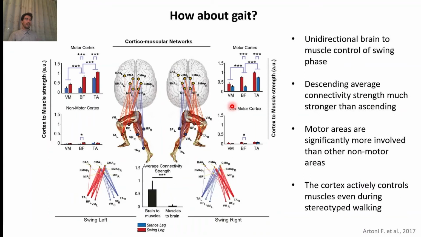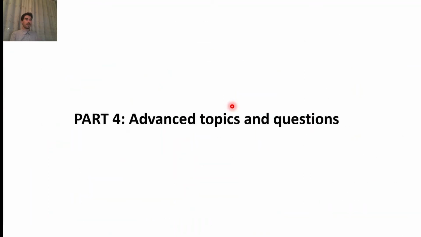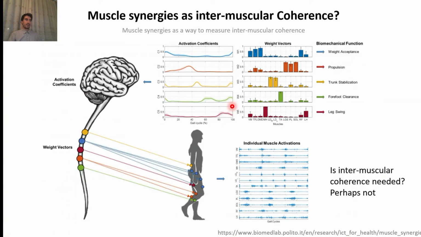Now, we finally reached the part where we discuss some advanced topics and address a few questions. First, can we really talk about intermuscular coherence, or should we talk about muscle synergies?